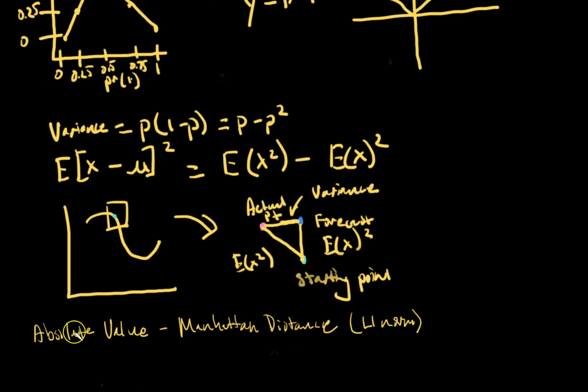And this variance right here is related to the Euclidean distance. So variance, or the squared error, is related to the Euclidean distance, or what's called the L2 norm.